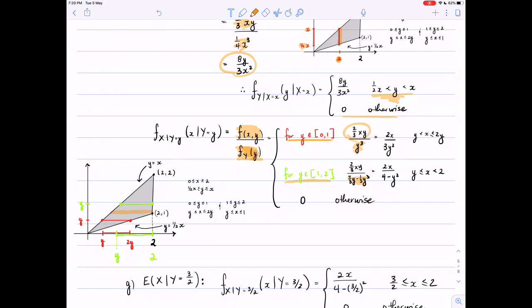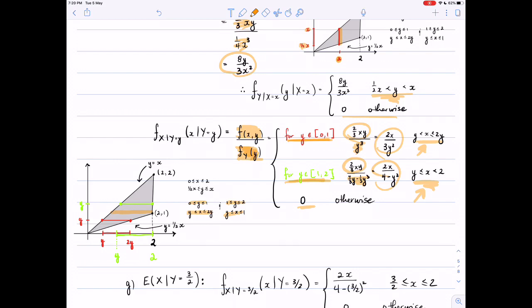The joint density is still the same on both. So you have 2 different expressions depending on where y runs, and 0 otherwise. Simplified expressions, there they are. And again, with that support correctly identified: when y is between 0 and 1, x is between y and 2y. When y is in 1 to 2, x is from y to 2.